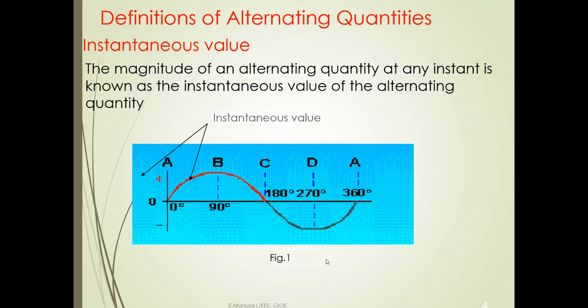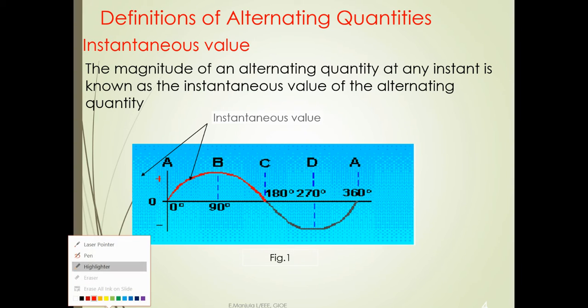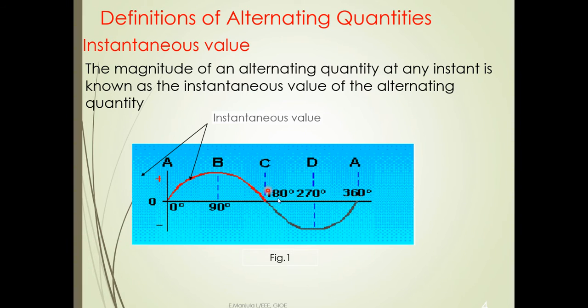So what is instantaneous value? Here we can observe the waveform, which is a sine wave from 0 to 360 degrees, and the magnitude.